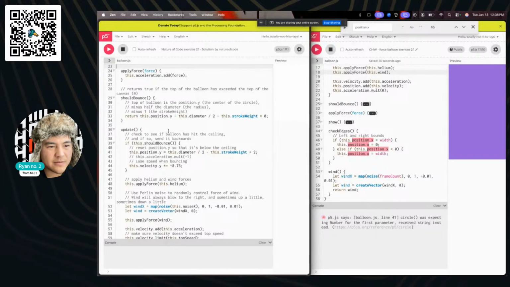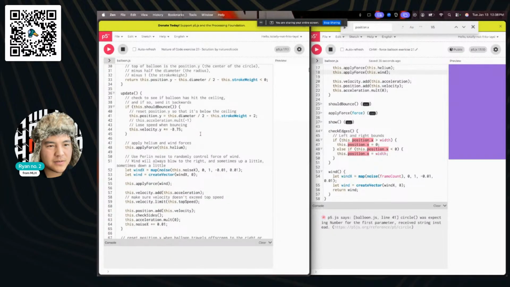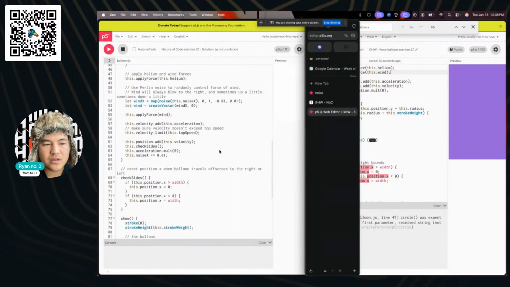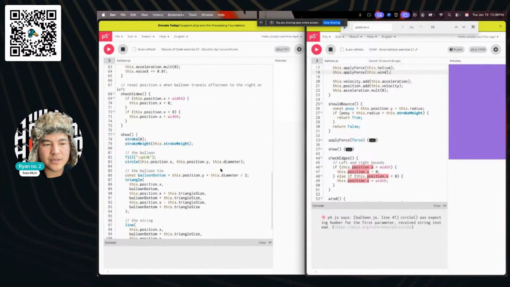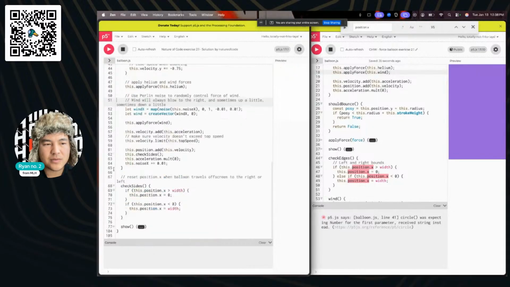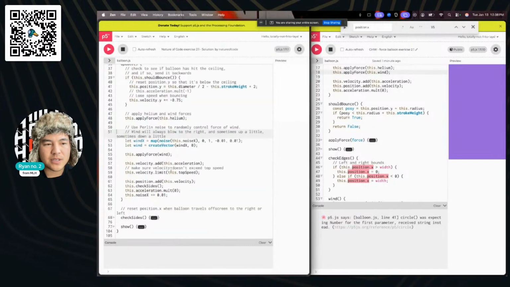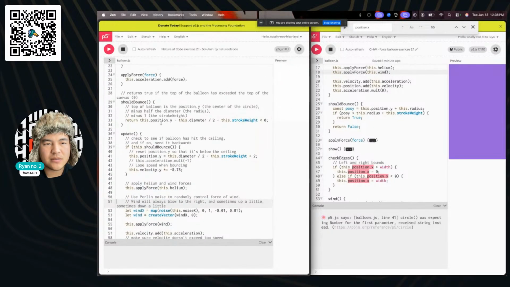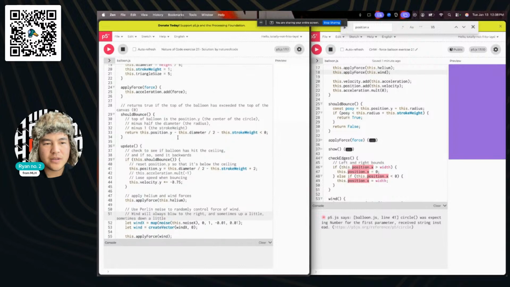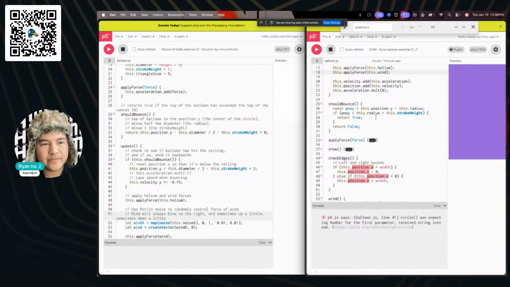We've got an update function. this.shouldBounce. Let's pull up the should bounce section. So we don't care about that. We don't care about checkSides. this.position.y is less than 0.